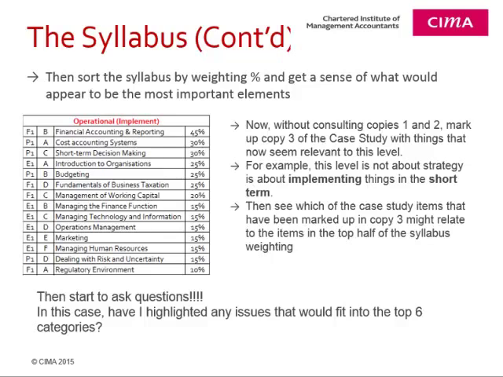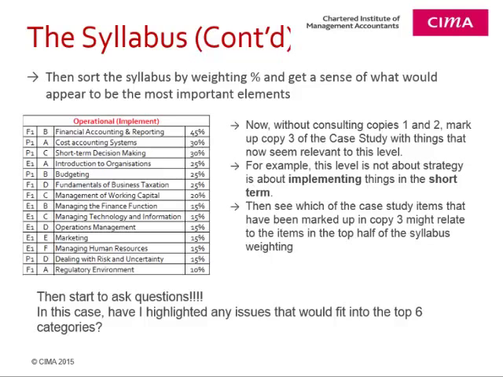So these seem to be the major things. There might be something about the regulatory environment, but in the context of what is most important, you would, on probability, expect to find something to do with cost accounting systems, financial accounting and reporting, decision making, and organizations.